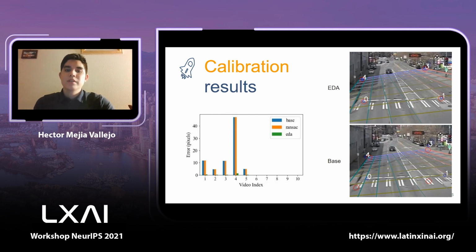In particular, these videos only contain 4 points placed at the corners of each region of interest, while the other videos have 7 to 8 points. On the right side of the slide, we can see a graphical comparison between the base and the proposed algorithm for video 4. Noticeable differences can be seen, as the evolutionary calibration clearly reduced the projection error.